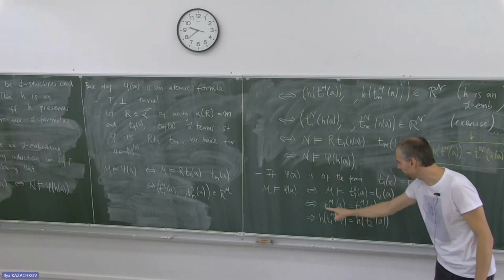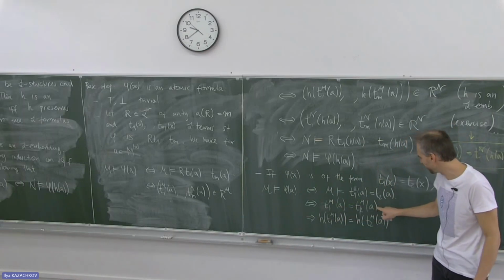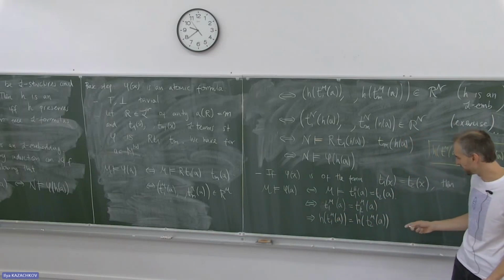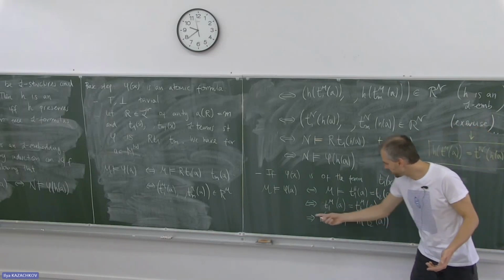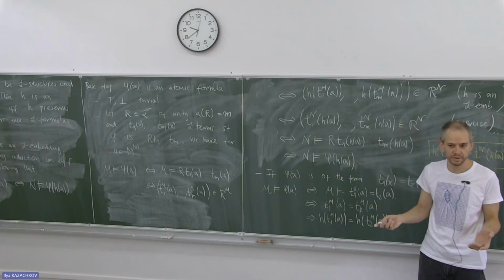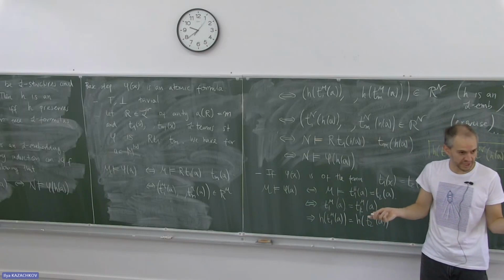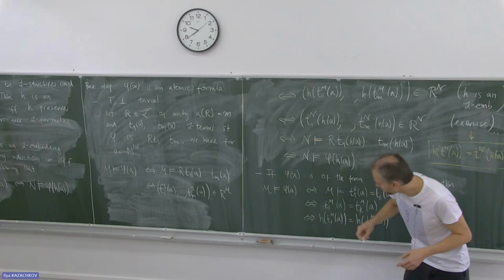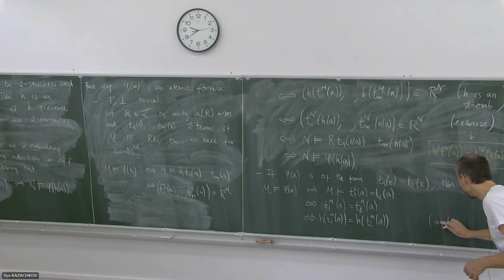Sorry, this is just one element in M. If I apply the same function to both sides, I still have an equality. Why is the converse also true? Injectivity. We said that L embeddings are injective. So this one we also have by injectivity. See, here we use injectivity.